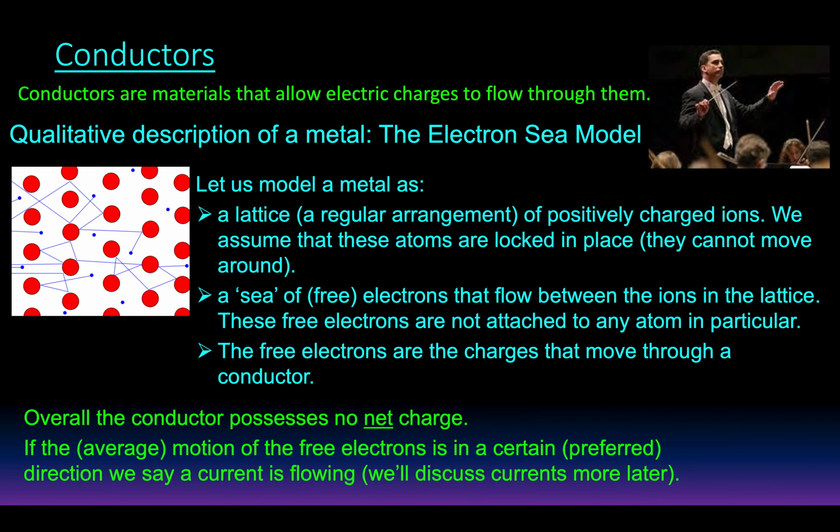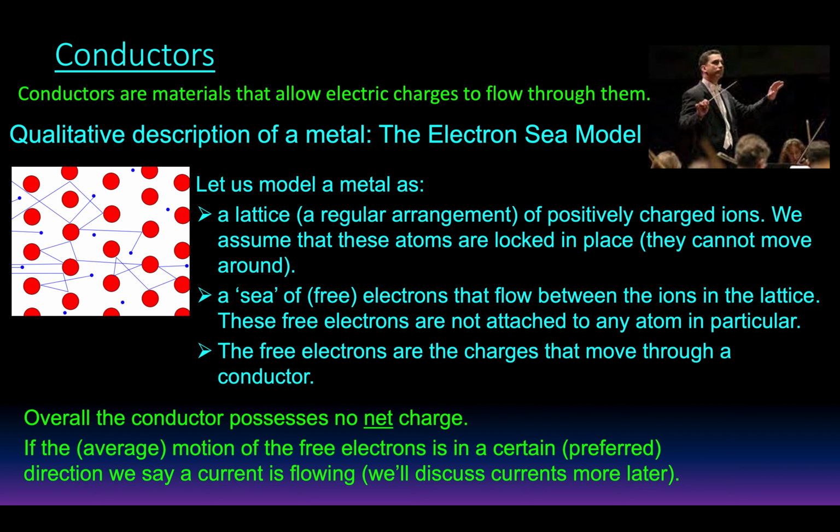Now, you could imagine, and we will describe in a future lecture how you might set the scenario up, that maybe all the electrons decide to suddenly move in a certain direction on average. If you just look at the atoms and you see 100,000 electrons move to the left and 100,000 other electrons move to the right, then you would say on average there was no net motion of the electrons.